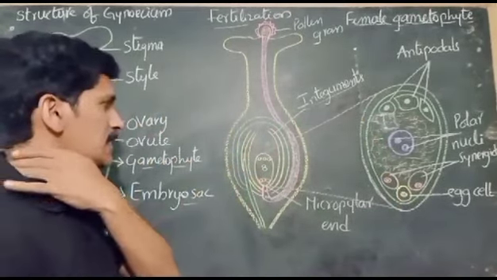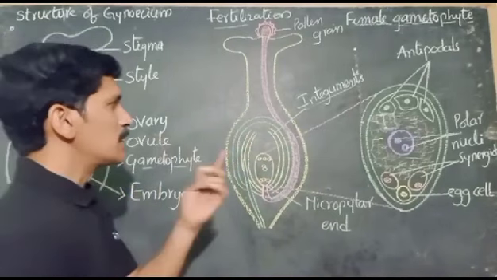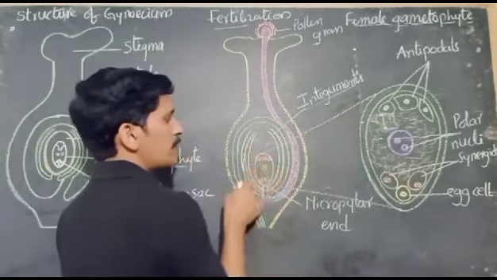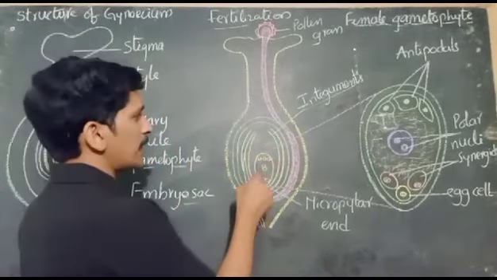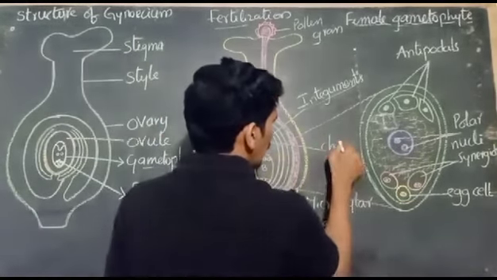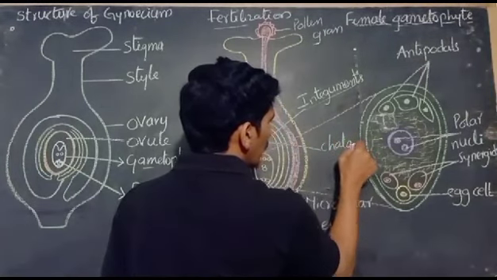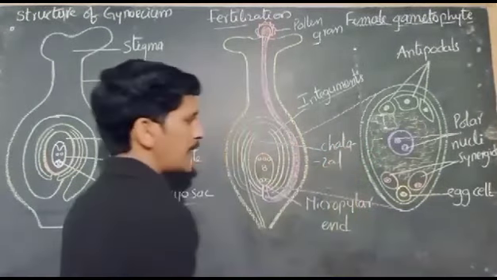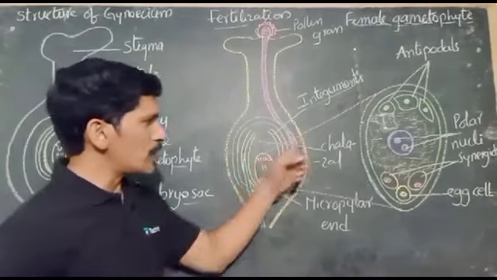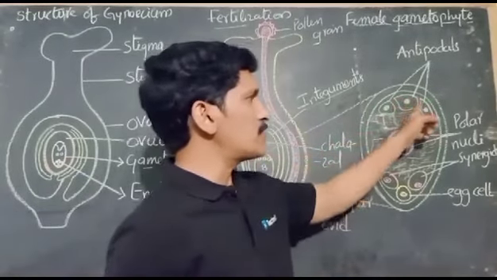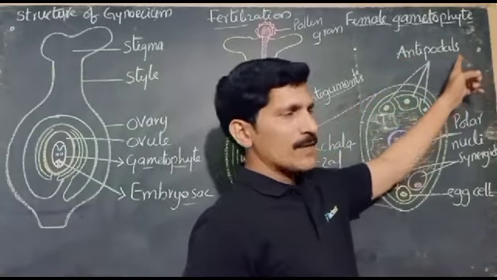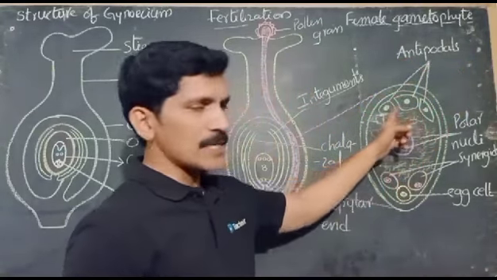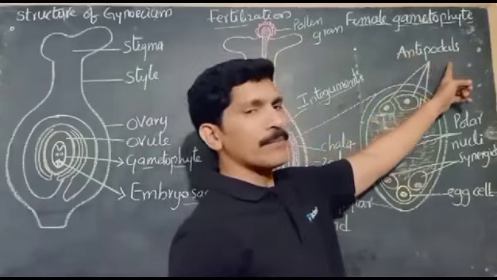The other side of the ovule is called the chalazal end. Three cells move to the chalazal end, and these are called antipodals.